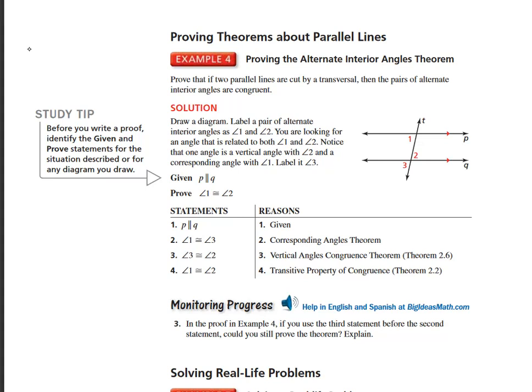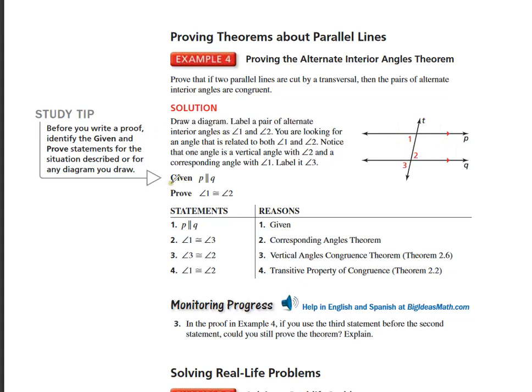So check this out. This theorem is about, all right, so this is about proving the alternate interior angles theorem. In other words, how do we know that angle 1 and angle 2 have to be equal to each other?